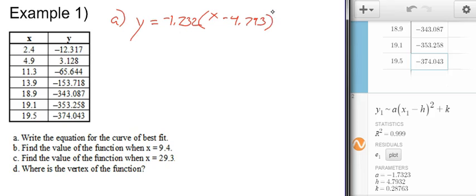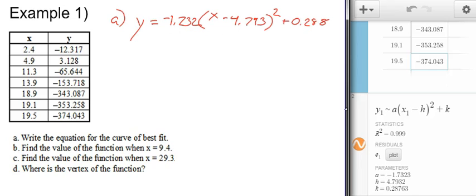All of that is squared. Don't forget that. That is easy to forget. And then plus 0.288. That's going to round up. And so there we go. There is my equation for the curve of best fit.